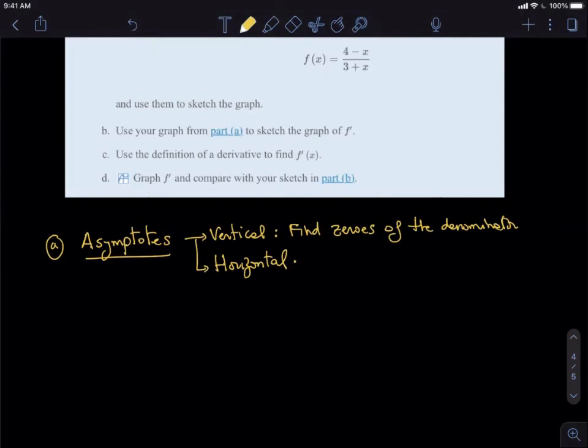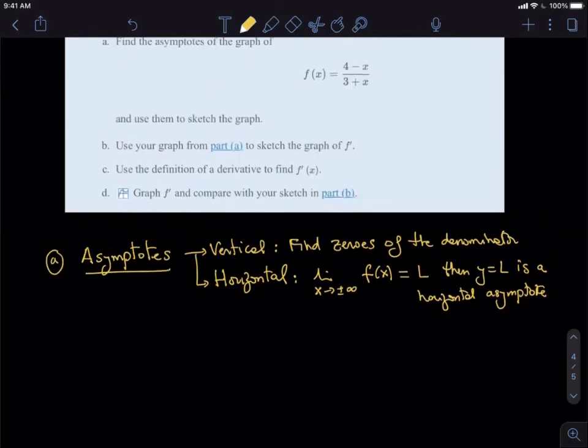And to find the horizontal asymptotes, we need to find the limits as x tends to plus or minus infinity of f of x. And if that is a constant L, then y equals L is a horizontal asymptote.